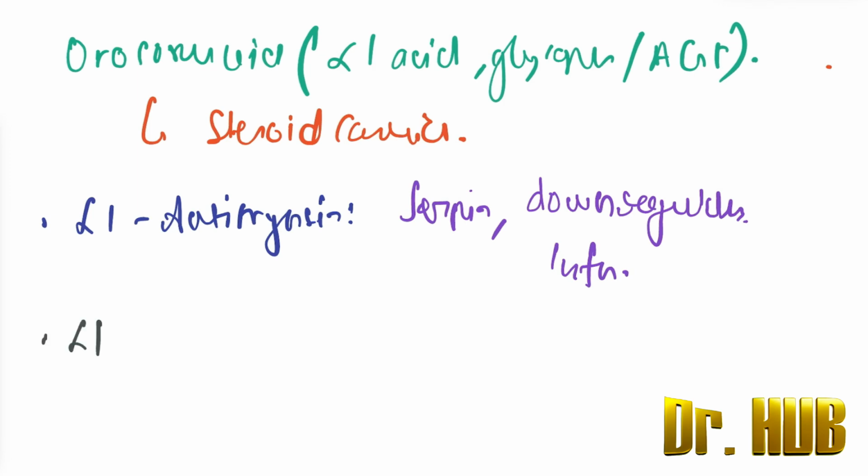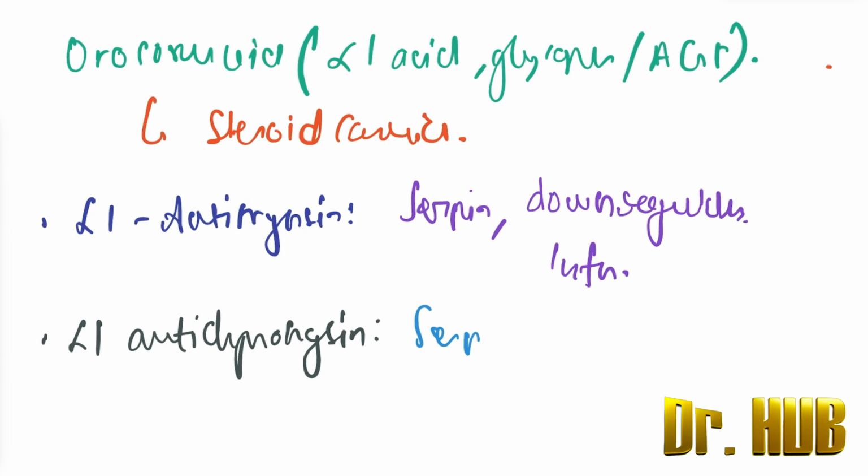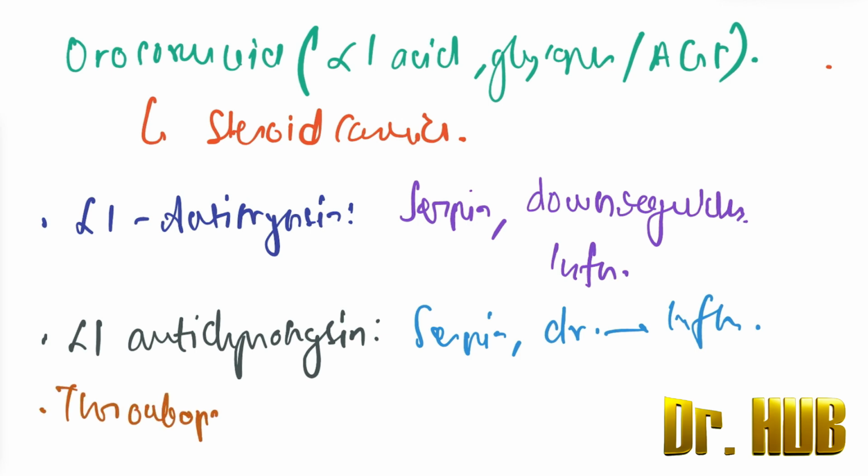Next comes the alpha-1 anti-chymotrypsin, and this involves the serpin, as well as this also downregulates the inflammation. Lastly, there is thrombopoietin. This results in the thrombocytosis.